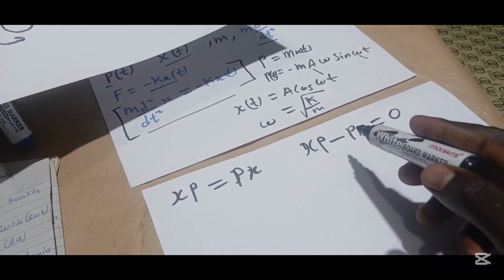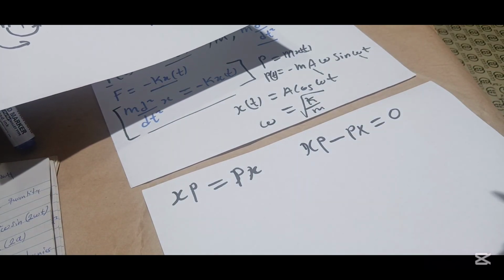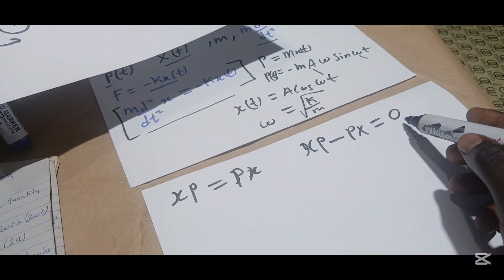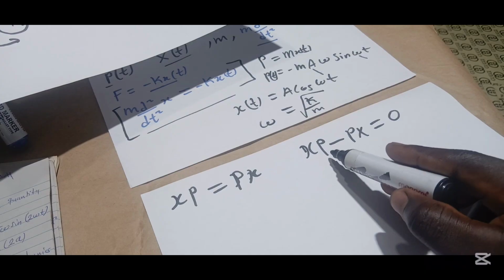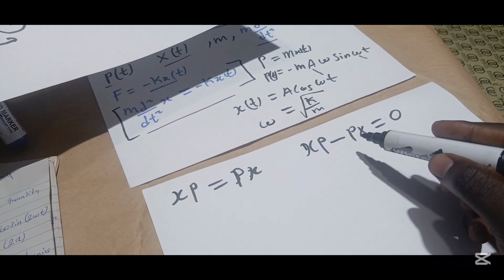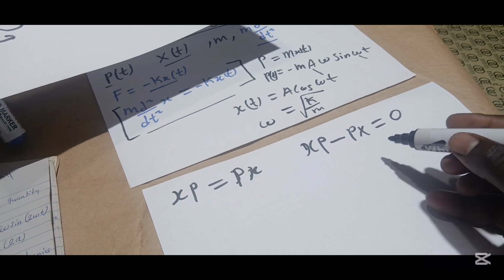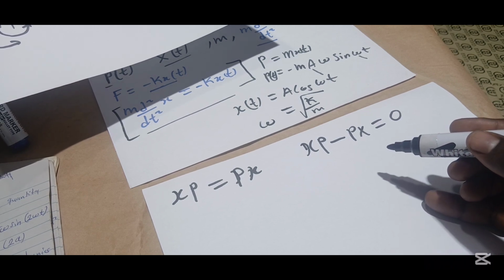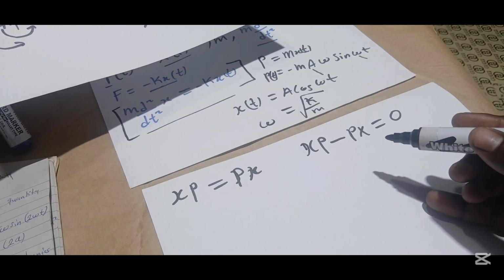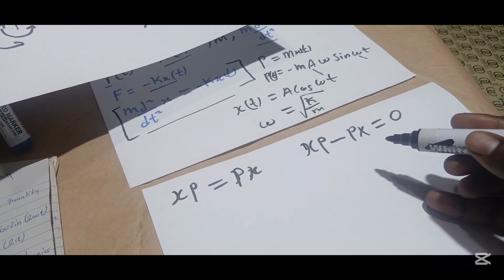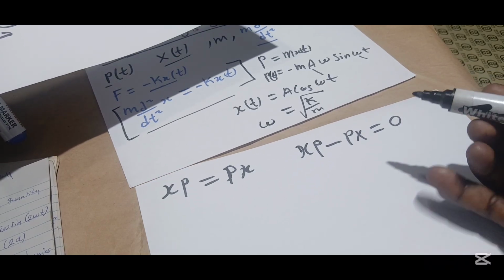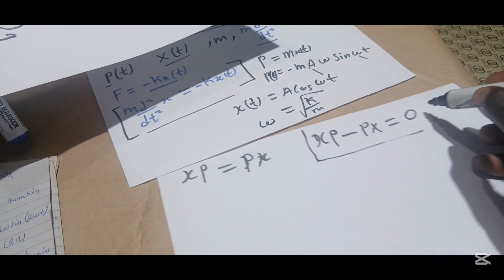It means the two operators, momentum and position of the particle, do commute, which means we can measure them at the same time, simultaneously. Right, that's the main idea of commuting operators. If the two operators do commute, then they can be measured simultaneously. And classical physics gave us this relation to be true.